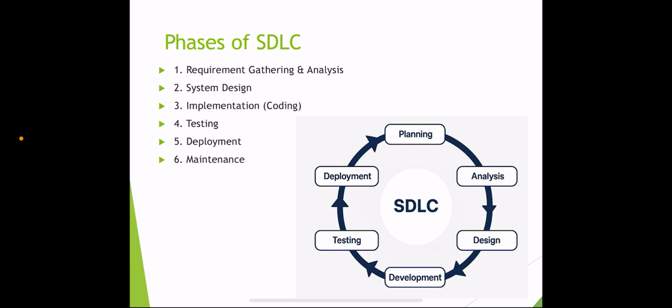each phase in the software development life cycle is necessary and important in developing the software. Okay, so we will go one by one. First step is planning. In planning, we will consider the requirement gathering and its analysis.